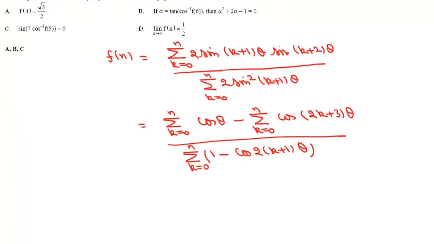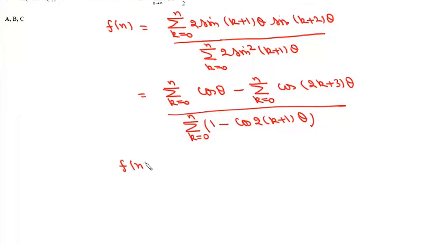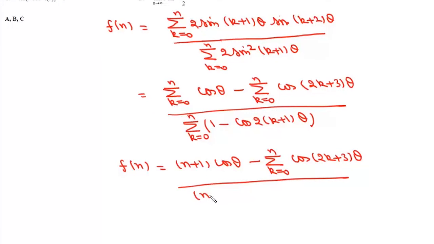So we can write f_n as (n+1) cos theta minus the summation, k varies from 0 to n, of cos(2k+3)theta, upon the summation of 1, which will also be n plus 1, minus the summation, k varies from 0 to n, of cos 2(k+1)theta.